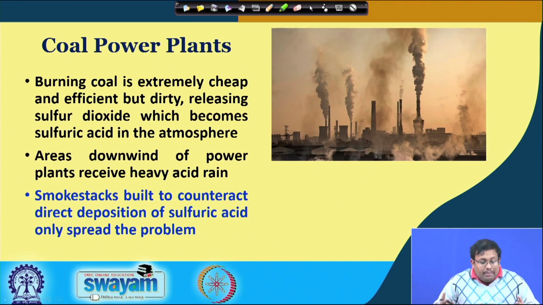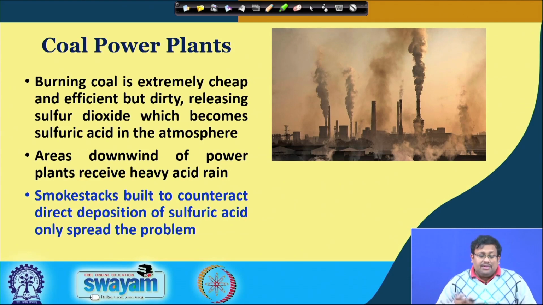So coal power plants, obviously, as I have already told you, burning coal is extremely cheap and efficient but dirty, which releases a huge amount of sulfur dioxide, which becomes sulfuric acid when it mixes with atmospheric water vapor. And obviously, areas downwind of power plants receive heavy acid rains, and smokestacks, as you can see, built to counteract the direct deposition of sulfuric acid only spread the problem.